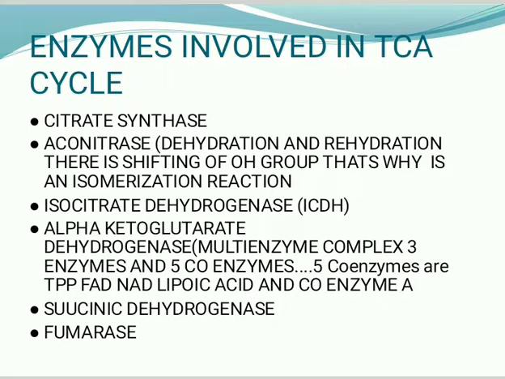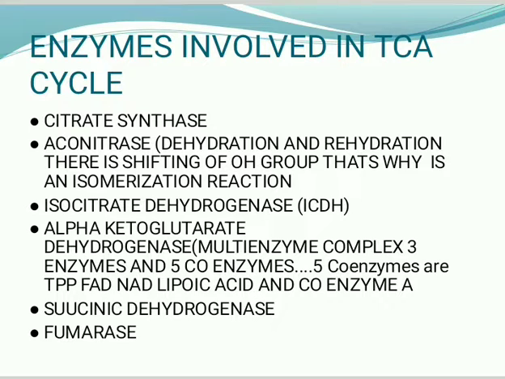I have added a slide here to show the enzymes that are involved in the TCA cycle. Citrate synthase, aconitase, where dehydration and rehydration occur by this enzyme. There is a shifting of the hydroxyl group, that's why it is an isomerization reaction.